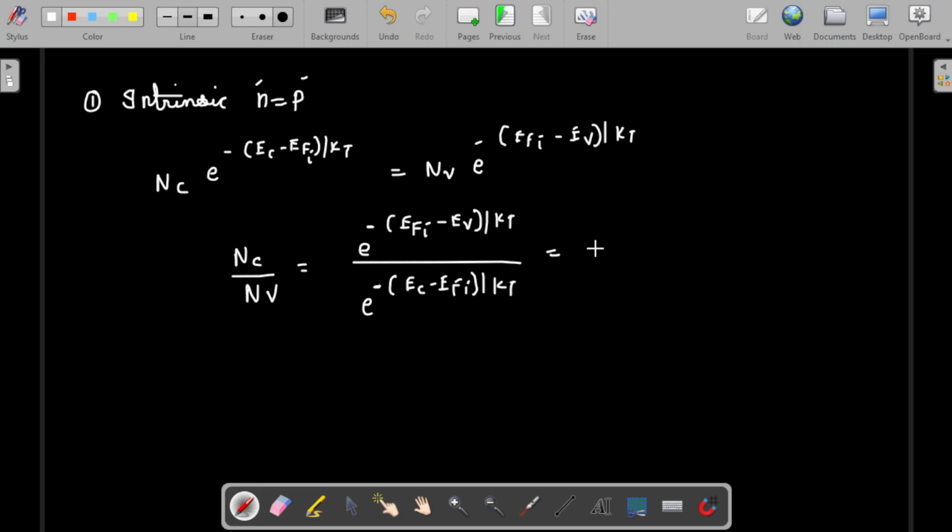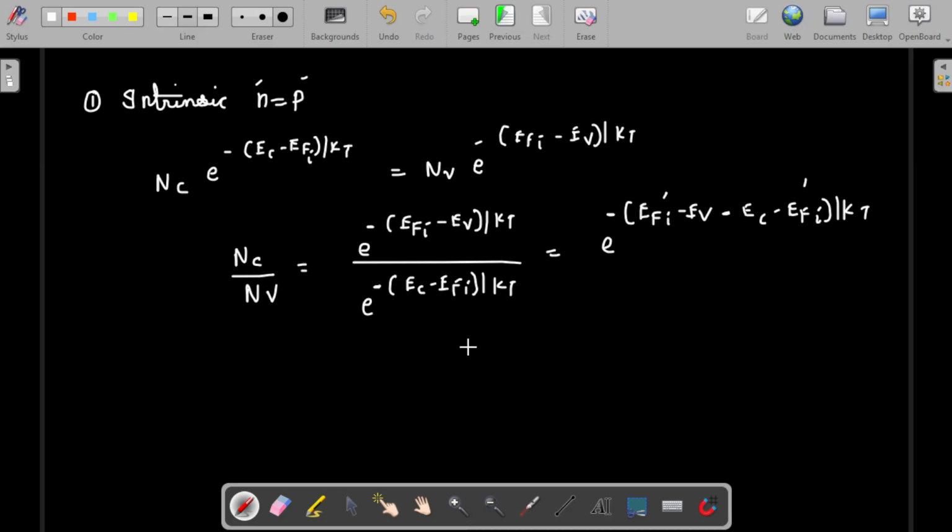If we bring this term above, it will become positive. So let's take minus as common. This term will be as it is, EFi minus EV. Once this term comes above, it will be positive, but if we take the minus outside, that will become EC minus EFi, divided by KT. The EFi terms can be cancelled.